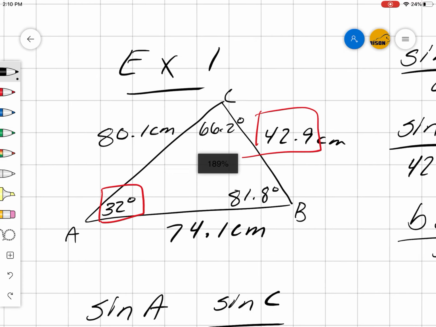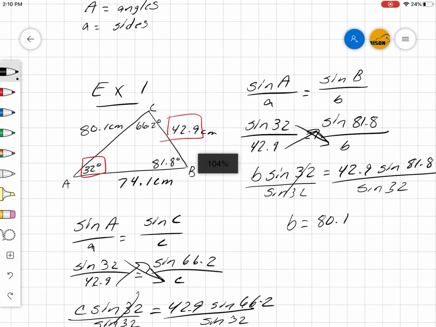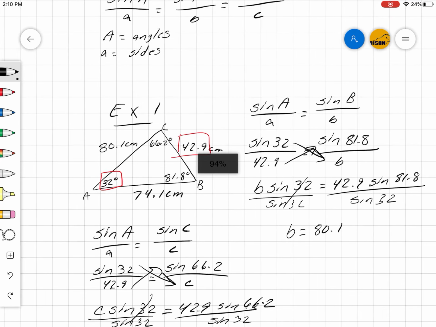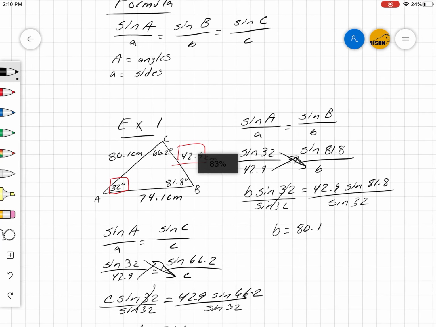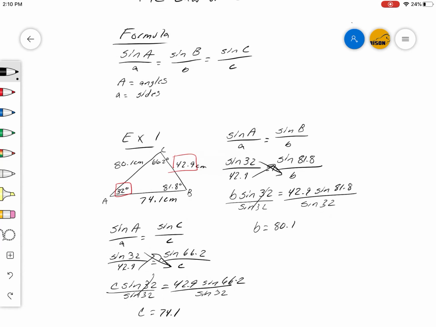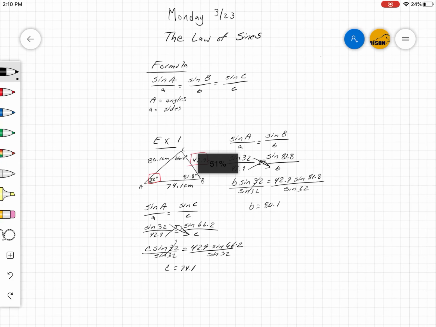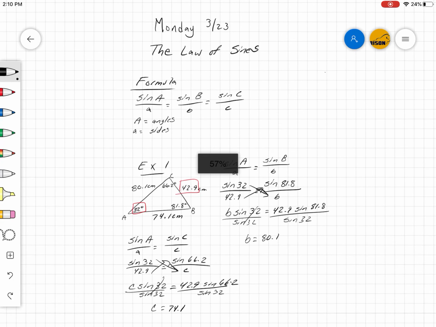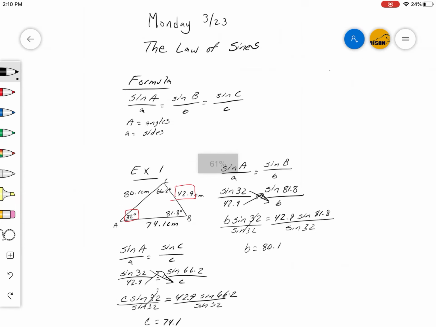So all of your problems that you're going to be given today are going to have, let me zoom this out to where you can see all of it if you need to screenshot this or anything. You're going to be given 2 angles and a side length, just like the example. And then as we go through this in the next few days, we're going to be changing stuff up. So just use this same practice.